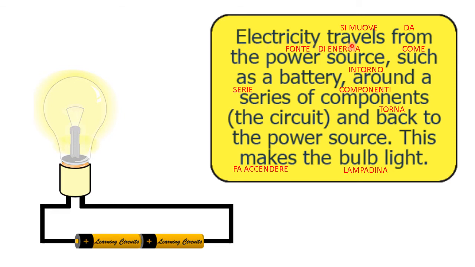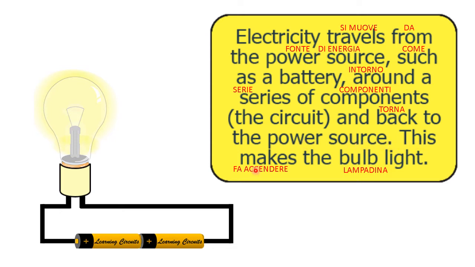Electricity travels from the power source, such as a battery, around a series of components, the circuit, and back to the power source.